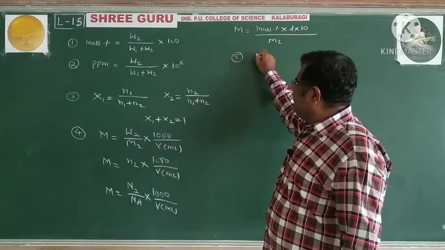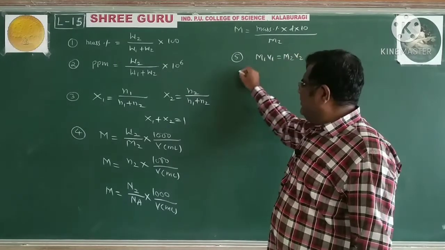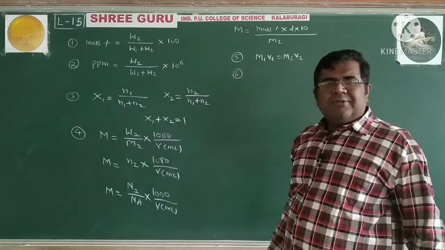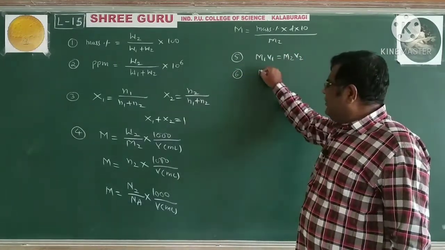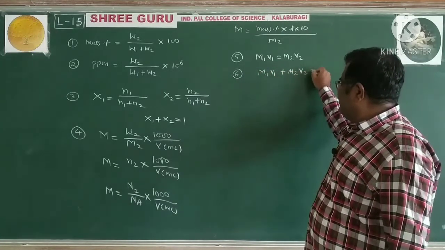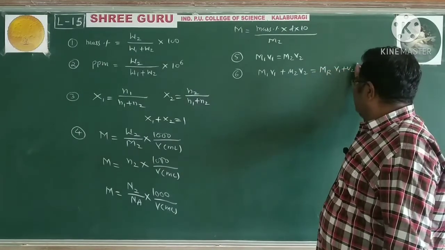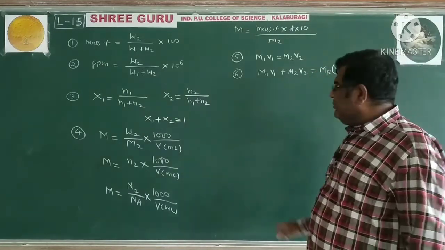Then we have the dilution formula, M1V1 is equal to M2V2. Then we have the molarity of a mixed solution: M1V1 plus M2V2, the resultant molarity, divided by V1 plus V2.